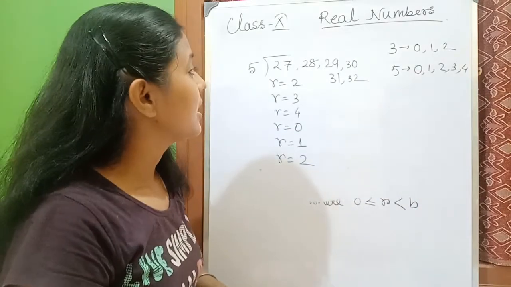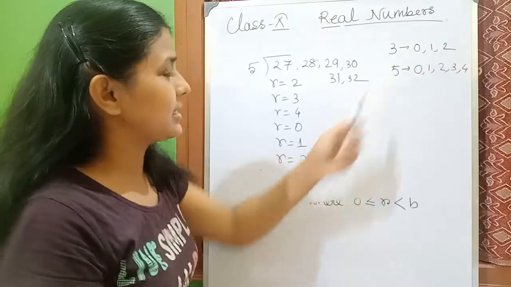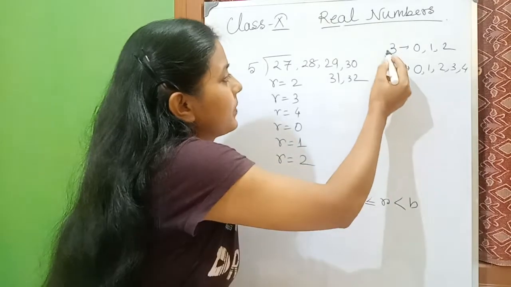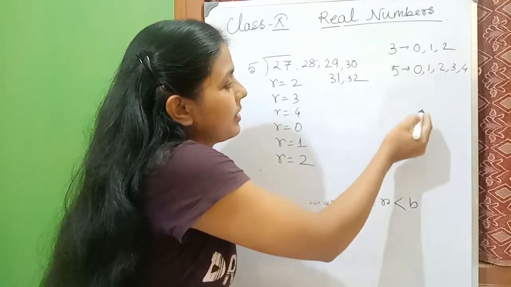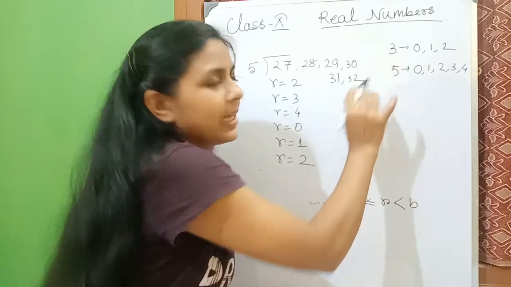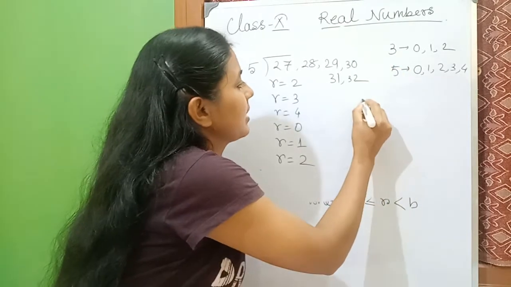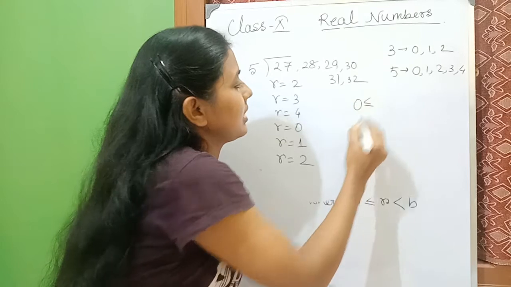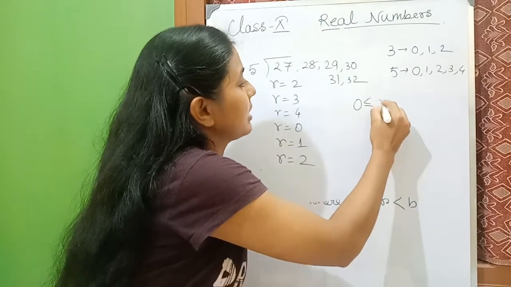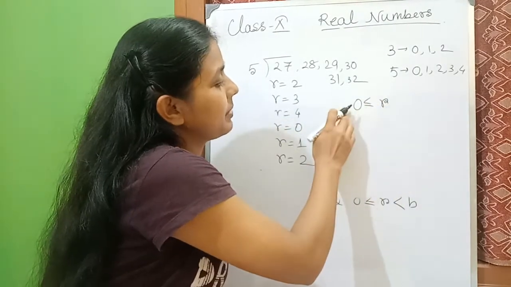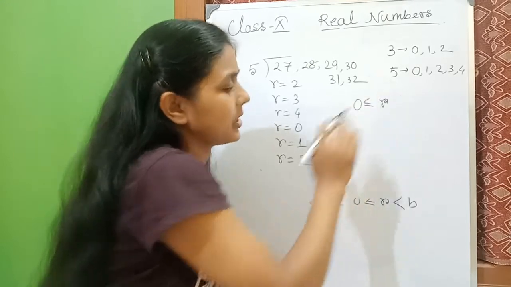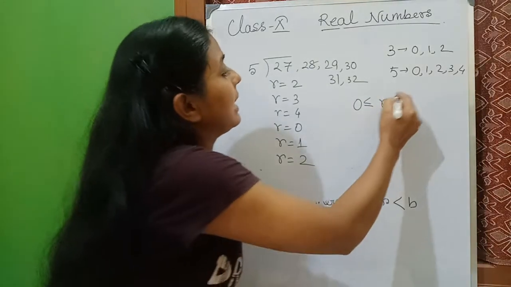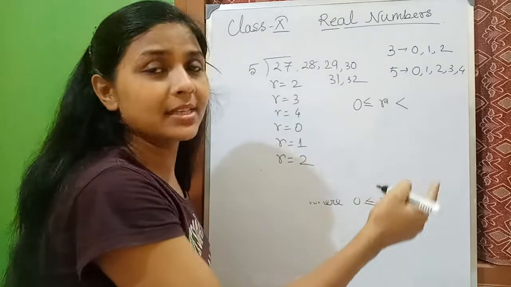So you can see that 0 is always there, right? So the remainder can be 0. That means 0 is less than or equal to the remainder. The remainder can be either 0 or more than 0, but less than the divisor.